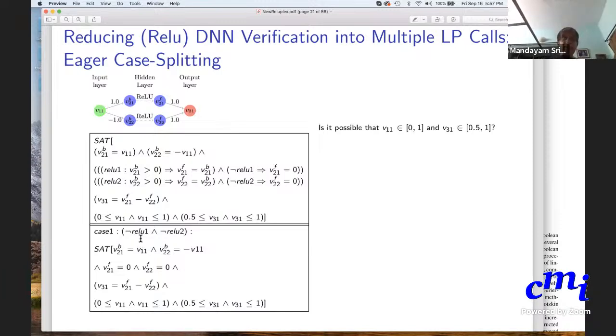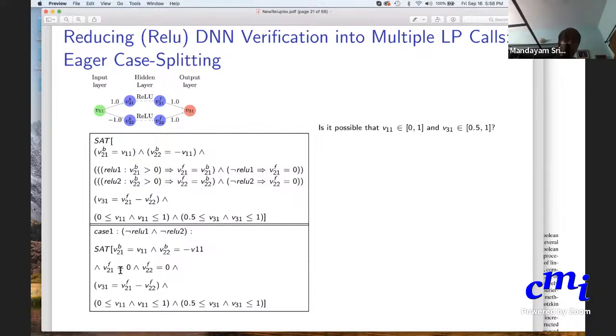If both of them are non-active, that is, less than or equal to 0, the active case being when it is greater than 0, then when you apply that, the conditions simplify and reduce into an LP instance.